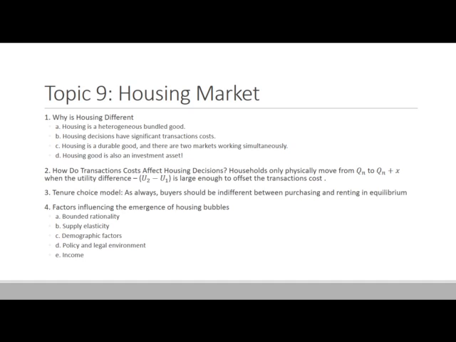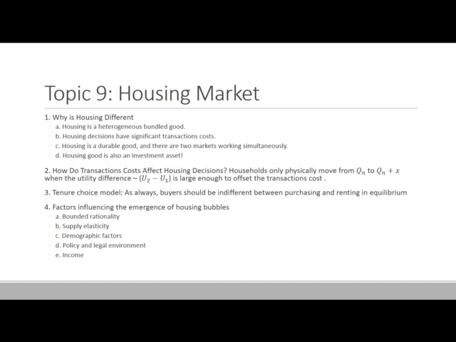Okay, and the third point is something we already said before. The third knowledge point is quite related to point C of knowledge point 1. Because housing is a durable good, and because people can either rent or buy their houses, there's a tenure choice model.